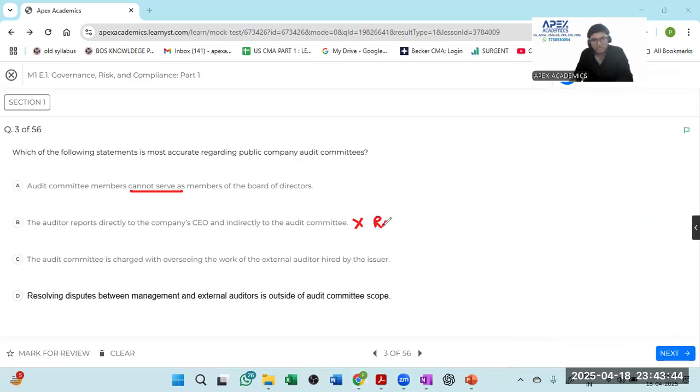He reports directly only to the audit committee. Sir, CEO is not involved. The audit committee is charged with overseeing the work of the external auditor hired by the issuer. Resolving disputes between management and external auditor is outside the audit committee scope. No.